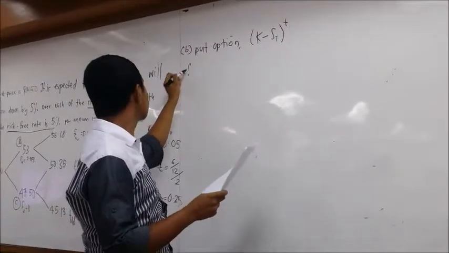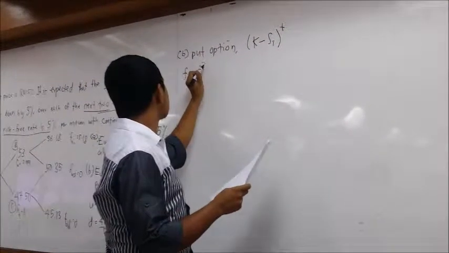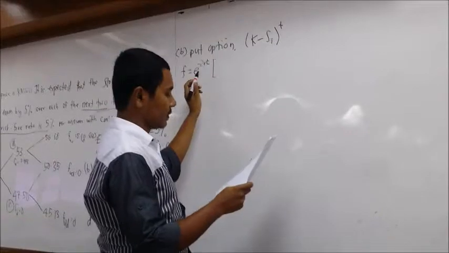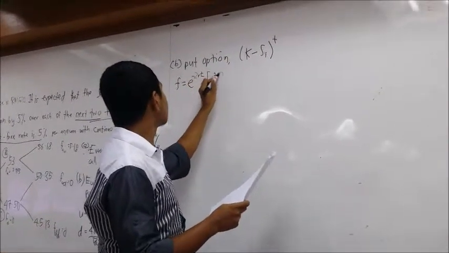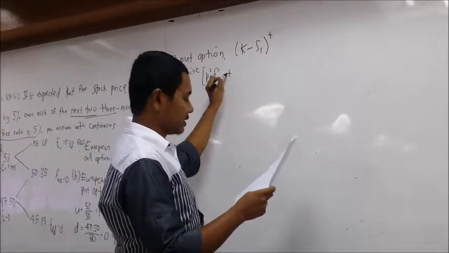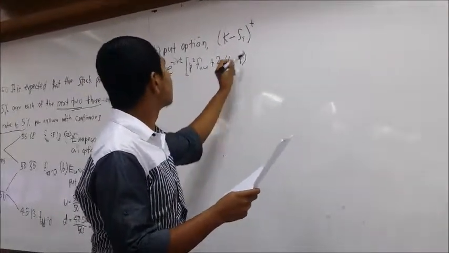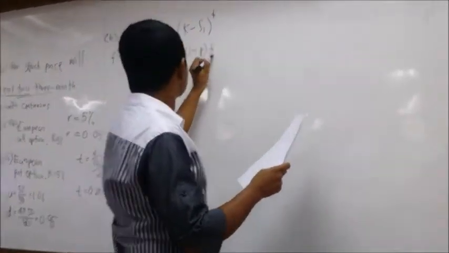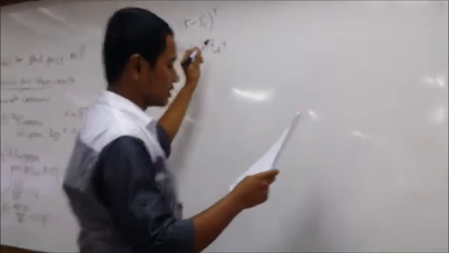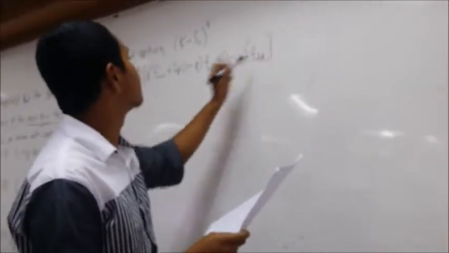The direct way is F equal to exponent negative 2RT, P square FUU plus 2P(1 minus P) FUD plus (1 minus P) square FDD.